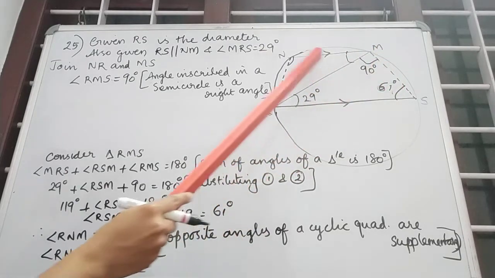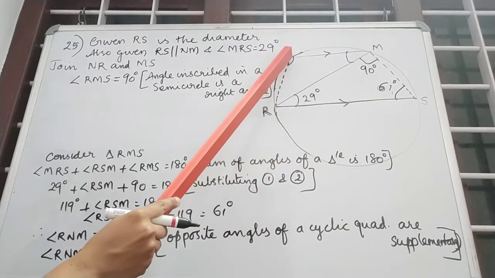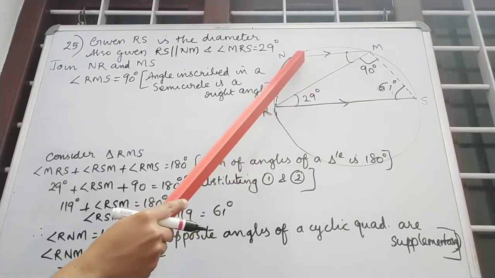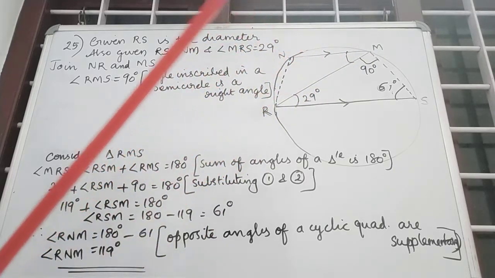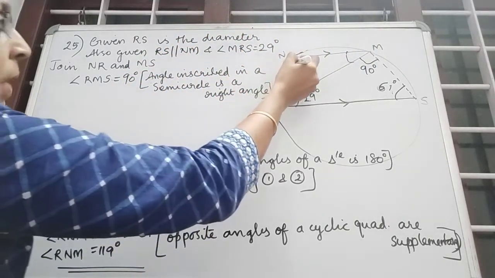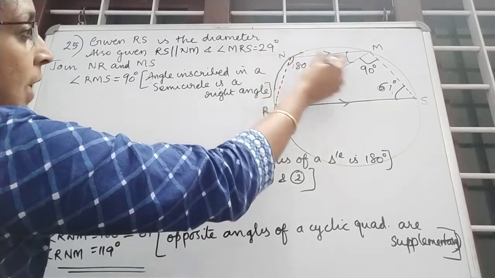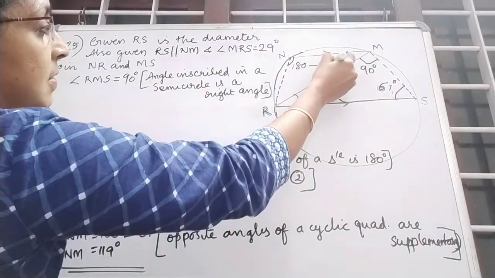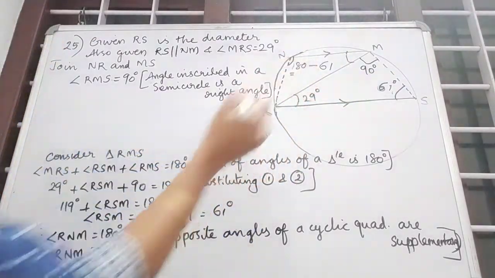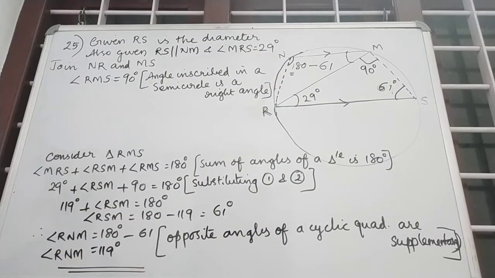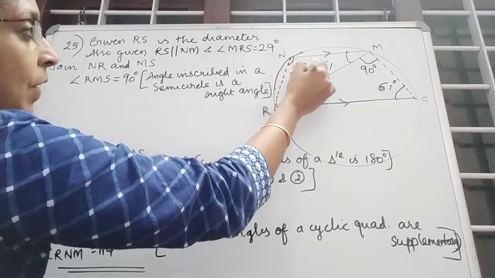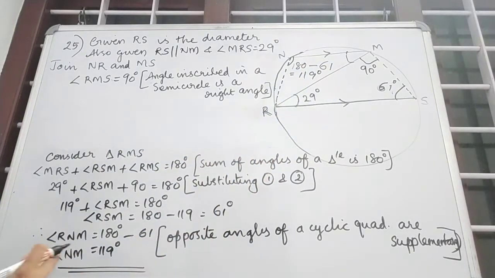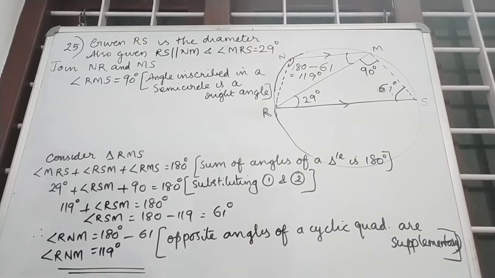Opposite of this angle will be RNM. So this angle means 180 minus this angle, that is 61 degree. So 180 minus 61 is equal to 119 degree. So that will be angle RNM, that is the first part.